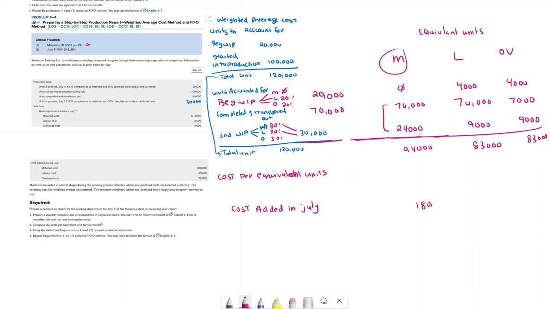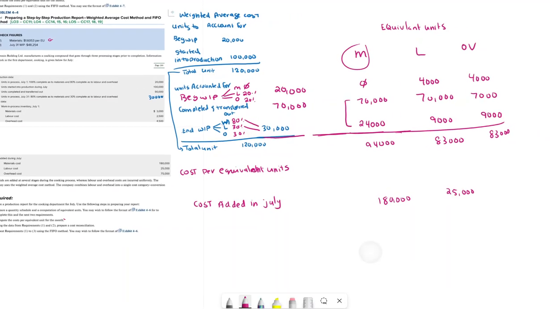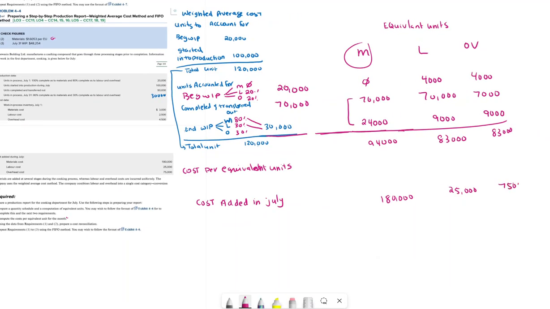We know 180,000, 25,000, and 75,000. What we're going to do is add them together. The cost is 280,000. That's the cost I need to allocate to material, labor, and overhead to 94,000 units, but in a different way. So the first thing is to calculate the cost per material equivalent unit, divided by your units, which is 94,000.